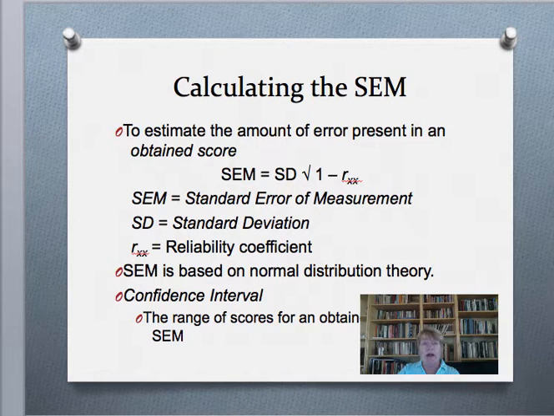So there's that RXX. Standard deviation times the square root of 1 minus the reliability coefficient. And it's based on the normal distribution theory because it's using the concept of reliability and standard deviation to compute the error that is in a test, the internal error. And computing that standard error of measurement helps us get to a confidence interval.